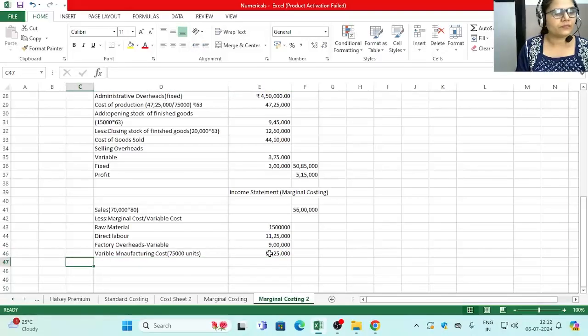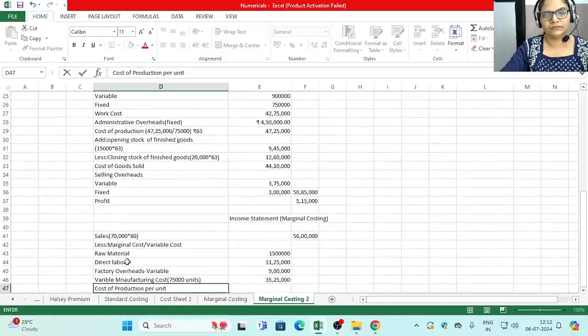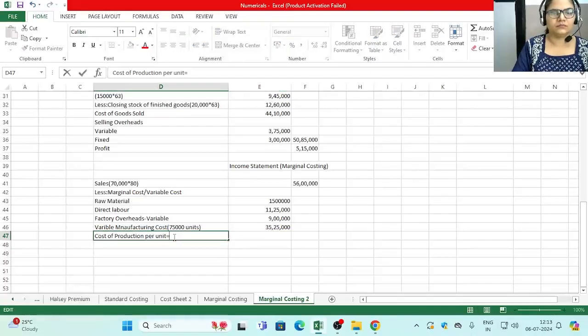Now, after dividing this value by this value, we will get cost of production per unit. 35 lakh 25,000.